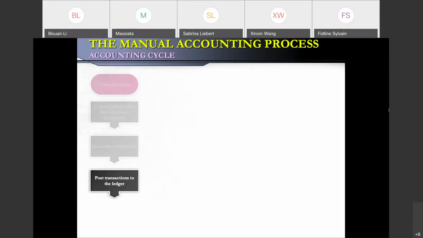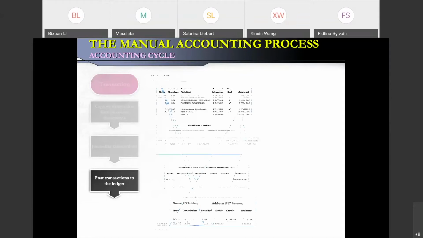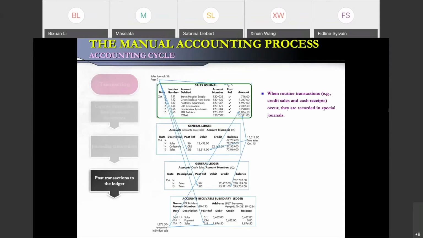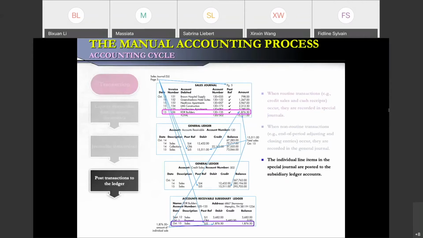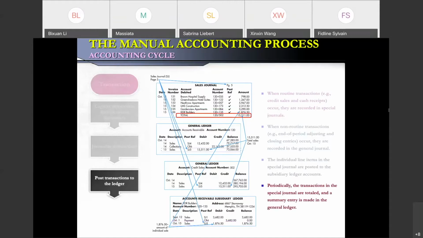So the next step is to post transactions to the ledgers, right? We got the journals, we have the ledgers, and we post all the numbers in. This is a very complicated arrow, you know where to go. We get information from routine transactions and non-routine transactions, special ledgers, those things.